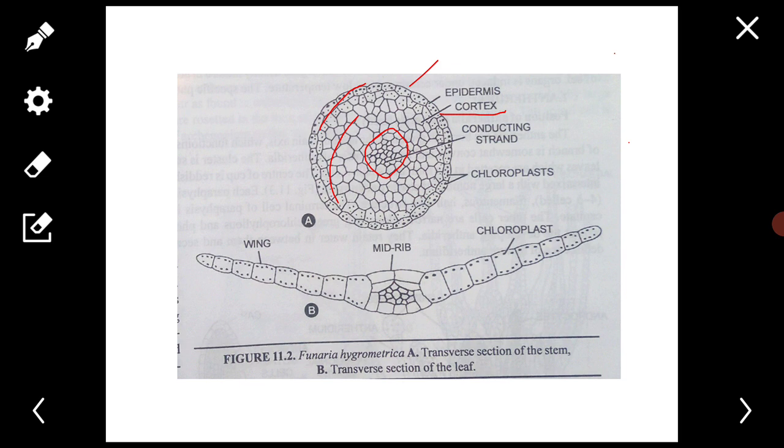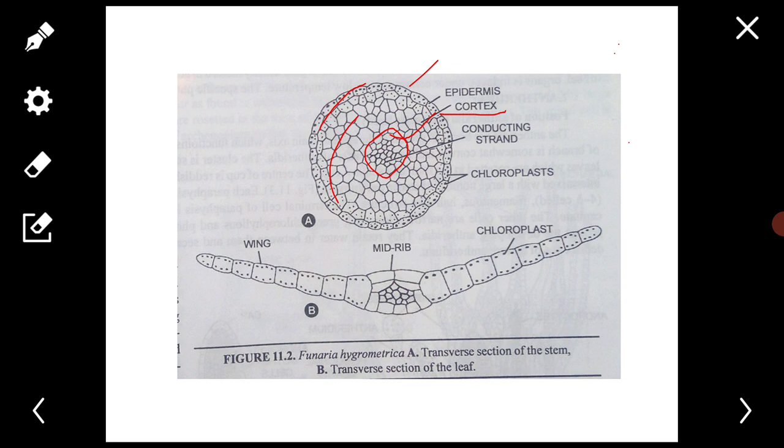These cells are slightly thick-walled, compact, hyaline, and often lack protoplasm, meaning they become dead. This zone serves the function of conduction and is therefore called the conducting strand.